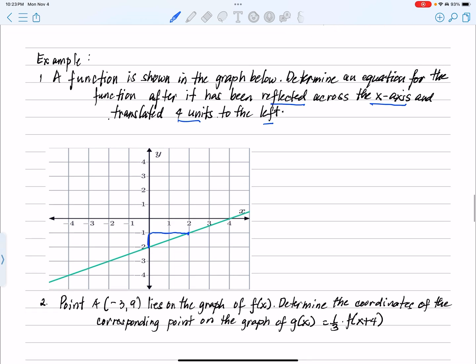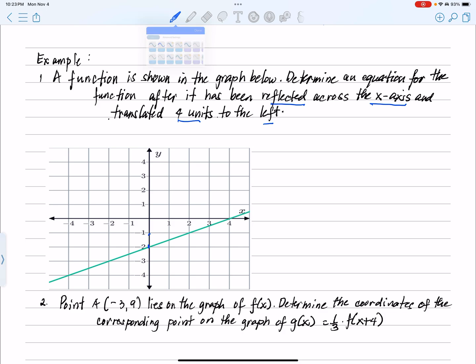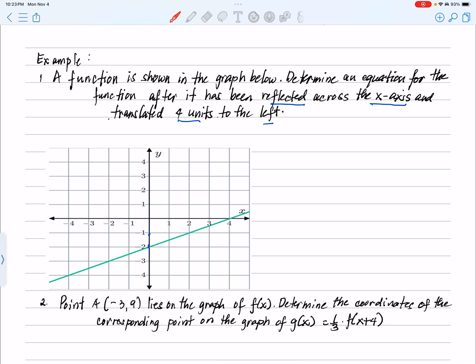All right, I'm going to erase this. Let's do some reflection across the x-axis. I will use some color. So I choose a point. It's a reflection, so this is the x-axis. I count 1, 2 spaces, so 1, 2 here for the reflection of this point.